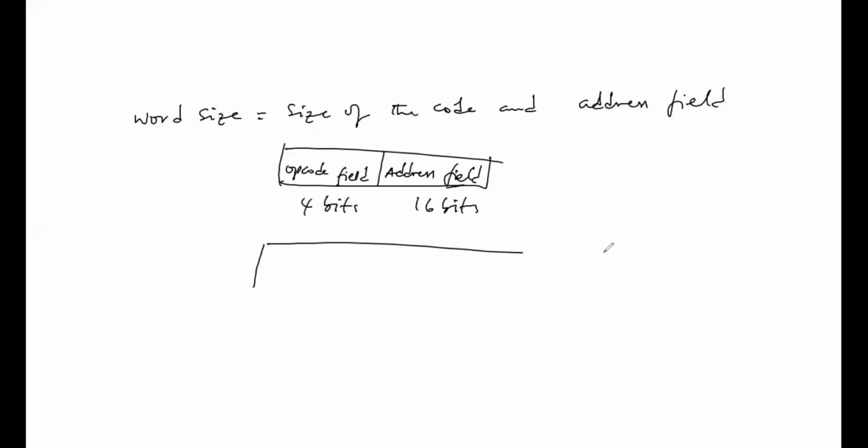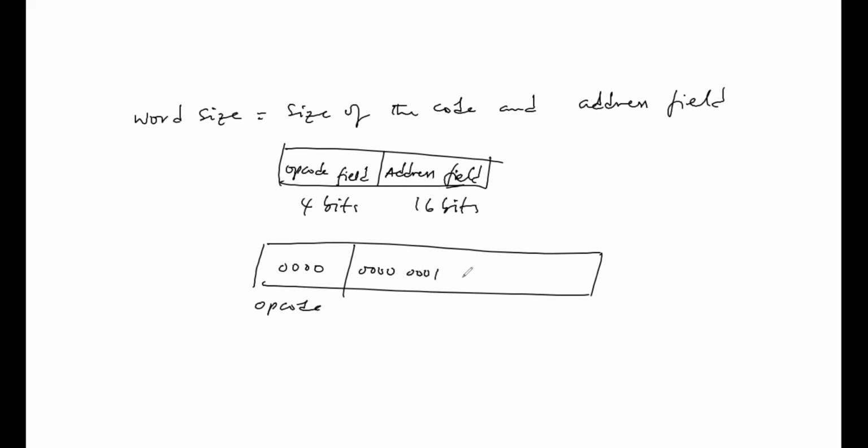So we can present this in a more formal structure, say 0000, that's the opcode. Then let's say we have 0000 0001 0000 0101. So this will be the address field.